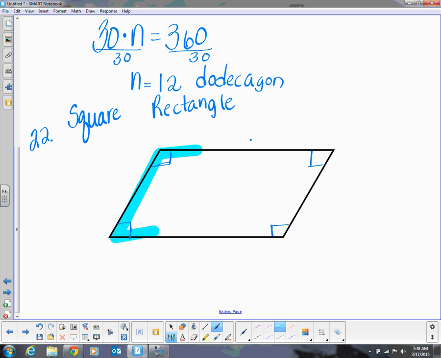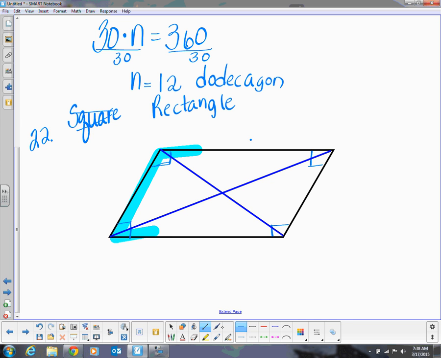So let's look at our picture. Did they mark any sides congruent? I can't find it. No, they did not. So is it a square? No. All right, so they drew in the diagonals. They just love these diagonals, don't they? And what do we know about the diagonals? Nothing. They told us this is angle 2. They told us this is angle 3.